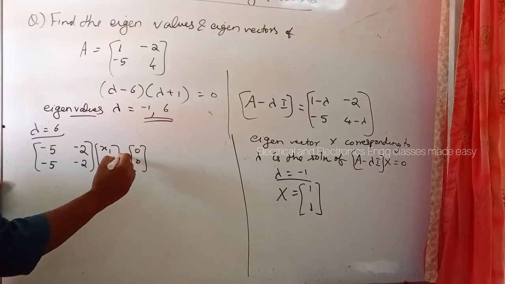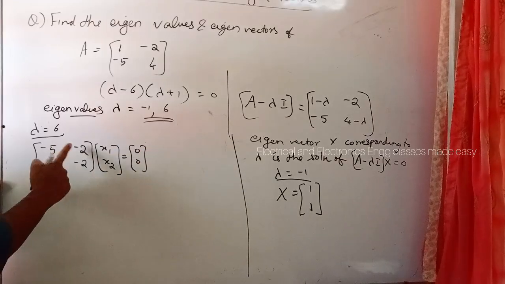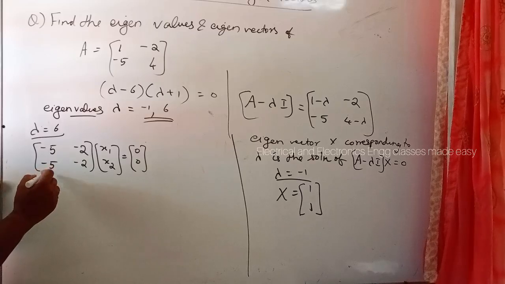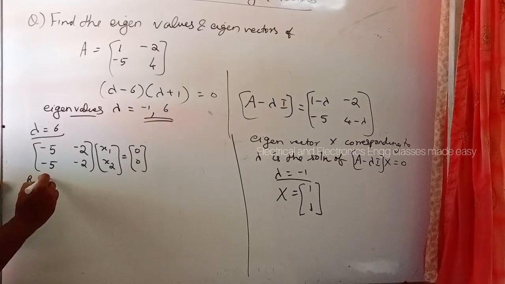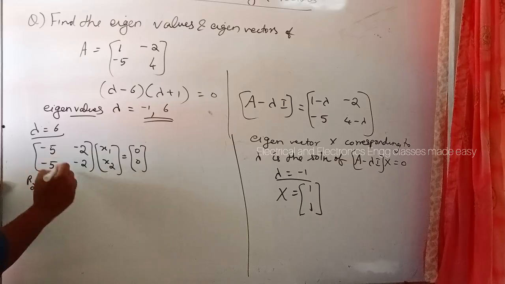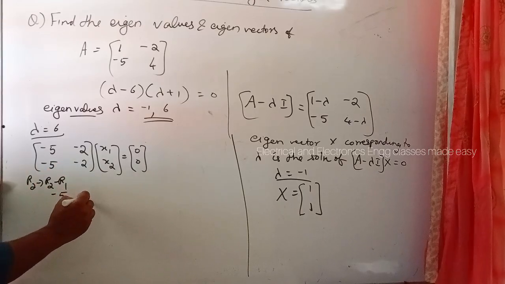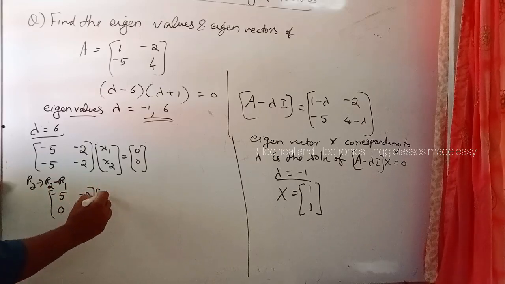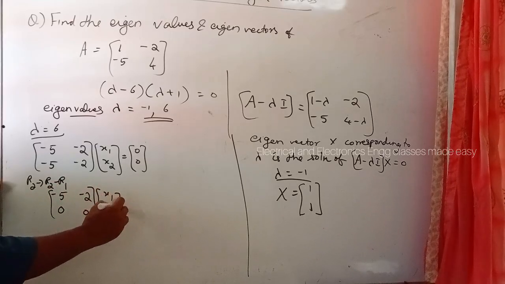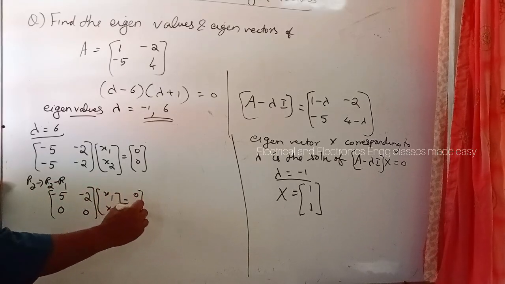Now we find the rank of this matrix. Let us make this element 0, that is R2 implies R2 minus R1. So here we will get minus 5, minus 2, 0, 0 into x1, x2 equal to 0.